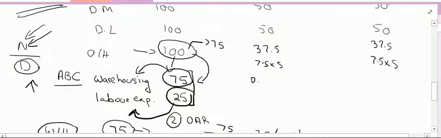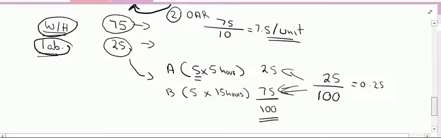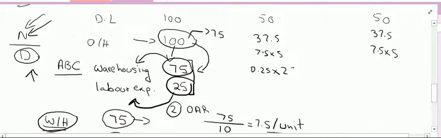For A, 0.25 multiplied by 25, and for B, 0.25 multiplied by 75. 0.25 into 25 is 6.25, and 0.25 into 75 is 18.75.